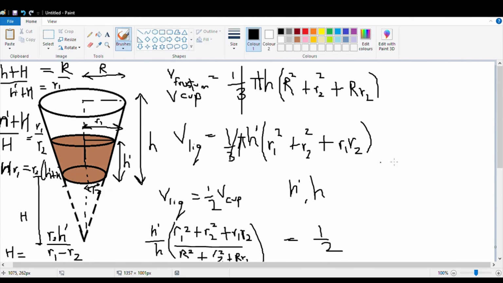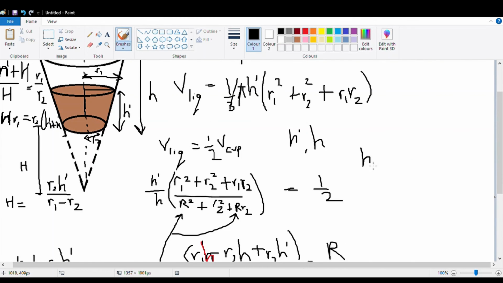It comes out that h dash should be approximately equal to 0.6478 of h, and this is the final result.